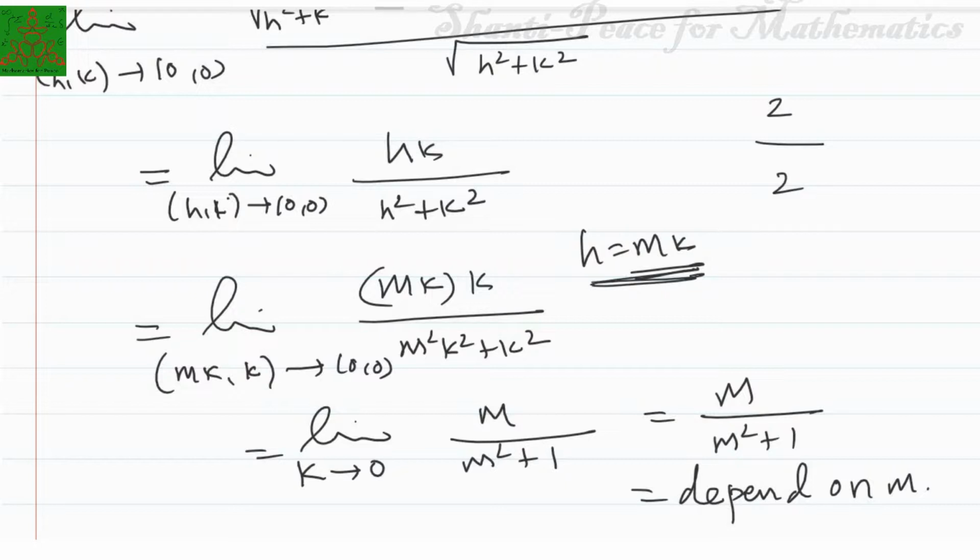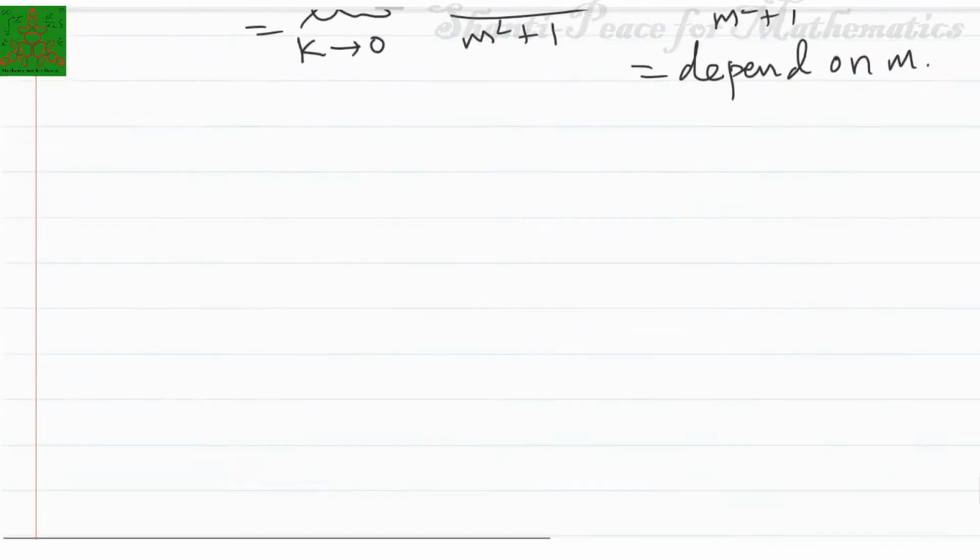That means if fx and fy exist, it does not guarantee that f is differentiable. But yes, if f is differentiable, then definitely its partial derivatives exist at that point. Now the next result: in the one variable case you have that every differentiable function is continuous. Here we have the same analogous result.